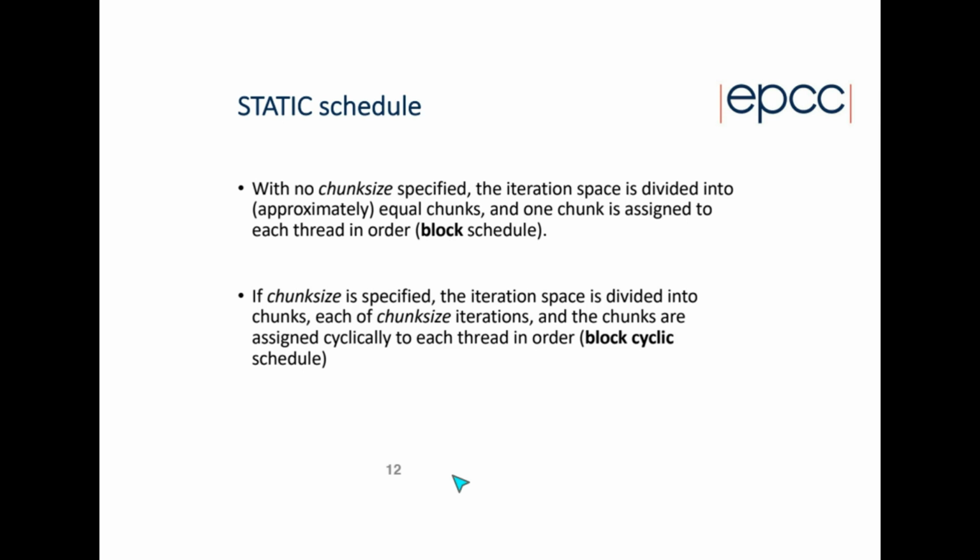A chunk is just a contiguous subset of loop iterations, and one chunk is assigned to each thread, done in order. The iterations have a natural order in which they would be executed sequentially. So the first chunk of iterations is always guaranteed to go to thread 0, and then the next chunk to thread 1, and so on.